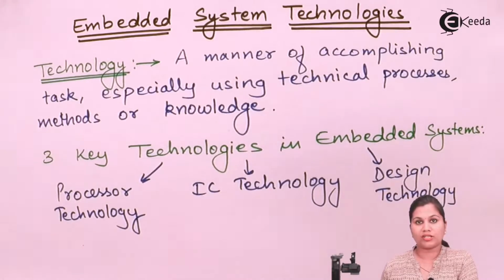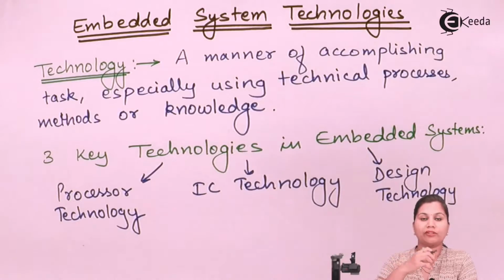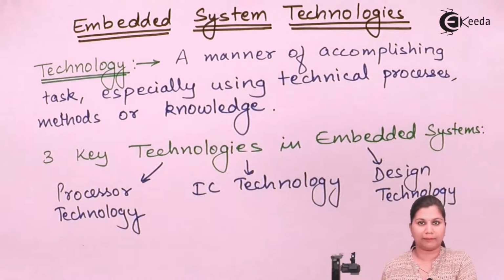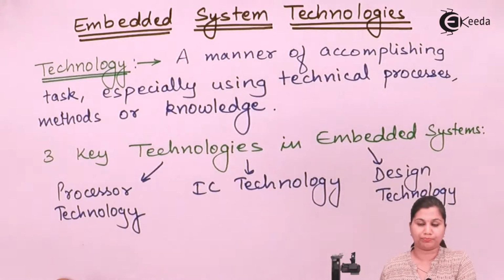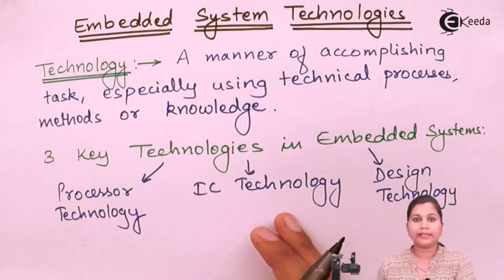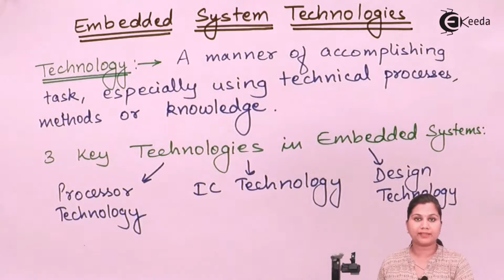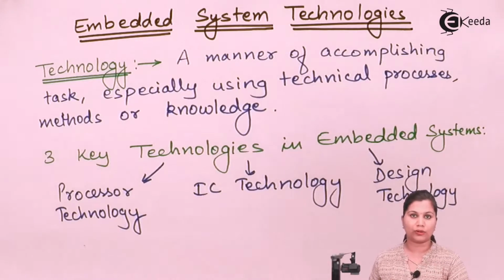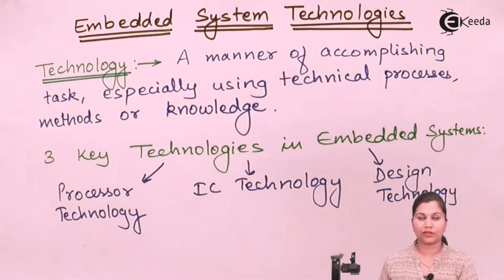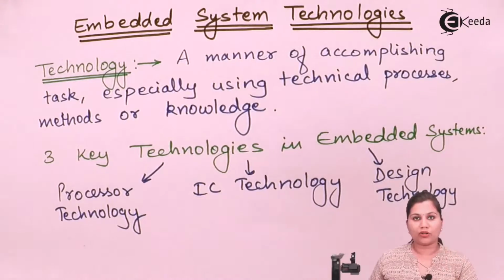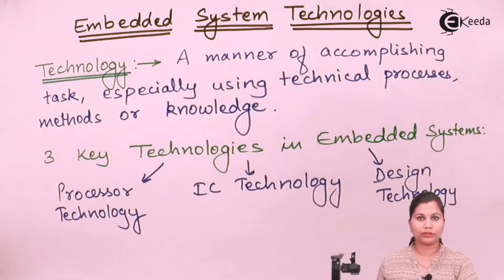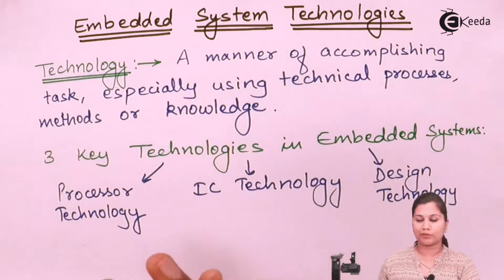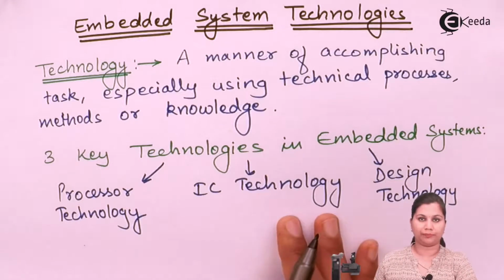The technology used to develop the processor, or to choose which processor is used in the embedded system, is called the processor technology. Also, embedded systems are present in the form of ICs, integrated circuits. The technologies or methods used to develop the ICs for the embedded system come under the IC technology.